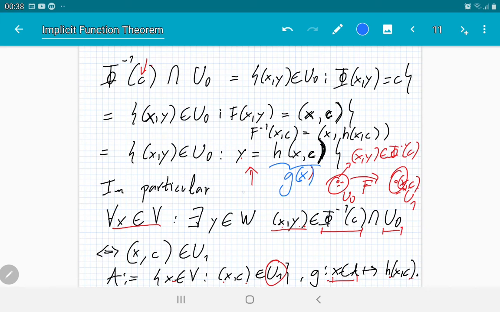Therefore, there exists a y such that x, y belongs to u0, and y is equal to h of x, c, so y is equal to g of x. And vice versa, if x, y belongs to u0, then I get that x, c belongs to u1, so x belongs to this set. And therefore, I have everything I need.